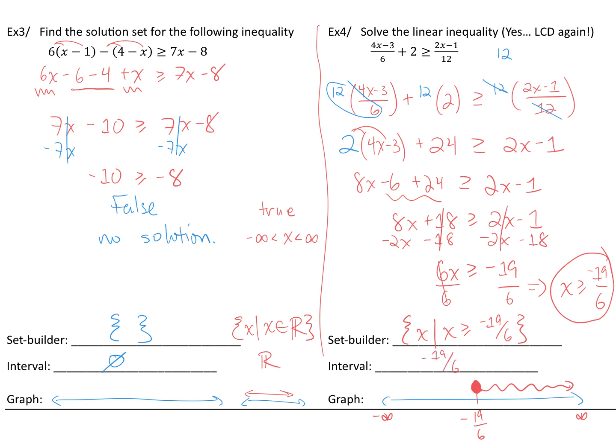So negative 19 over 6 to infinity. Infinity always gets the curvy grouping symbol around it, whether it's positive or negative. And the negative 19 over 6, since the inequality and set builder notation both have equal to, that means this is a closed dot. That means this will be a square bracket.